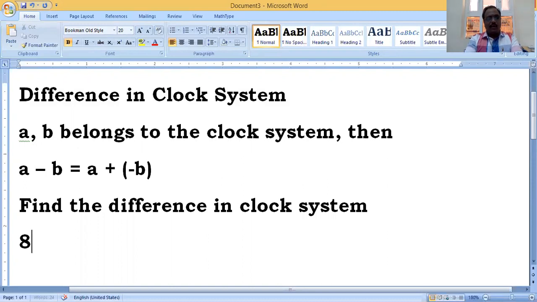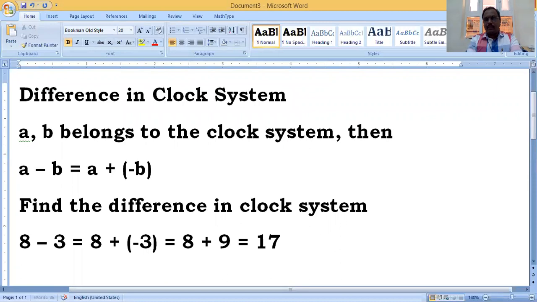For example, I want to find what 8 minus 3 is. I write this with respect to our definition as 8 plus minus 3. I am going to find the additive inverse of 3. What is the additive inverse of 3? It is 9. So 8 plus 9 equals 17. The number is above 12, so I subtract 12. 17 minus 12 is 5. So 8 minus 3 in the clock system is 5.